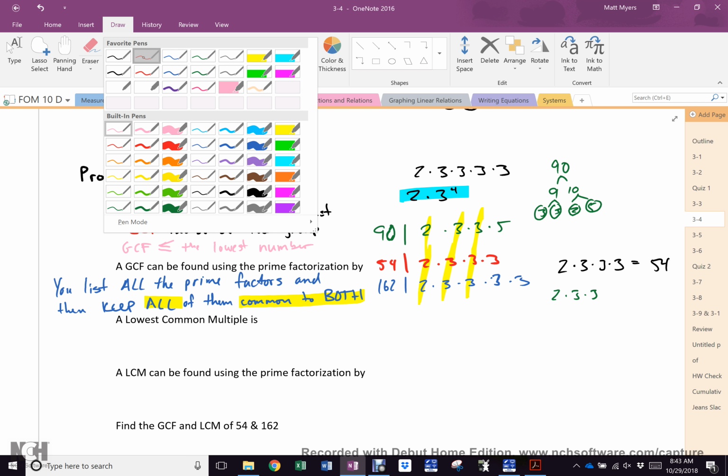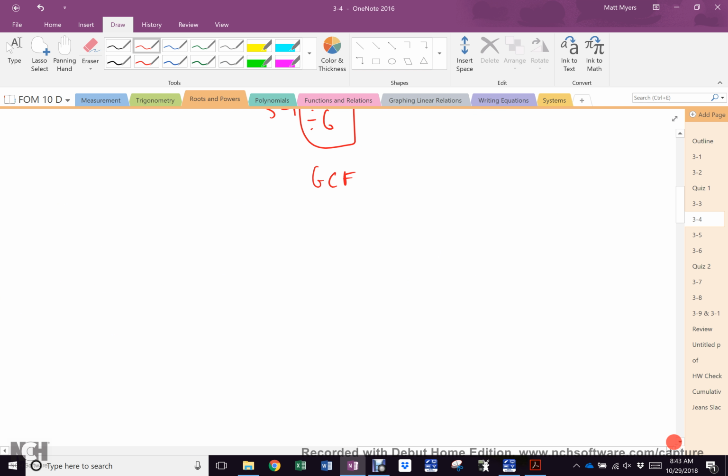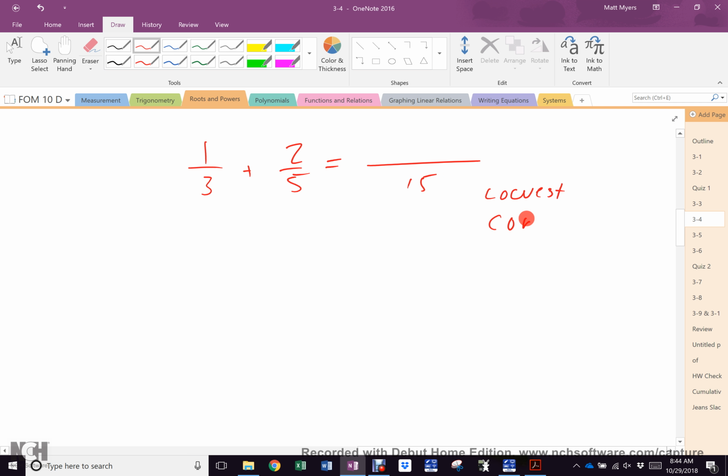LCM. You also use LCM all the time, but you give it a different name. 1/3 plus 2/5. How do you do that? You need a common denominator, which is what? 15. And that common denominator we call the lowest common denominator.